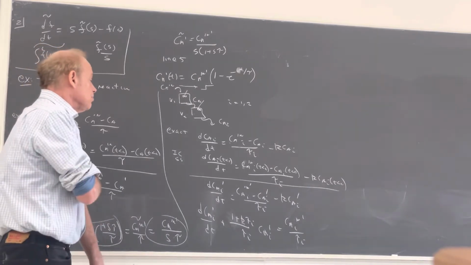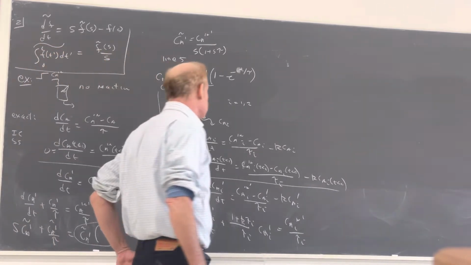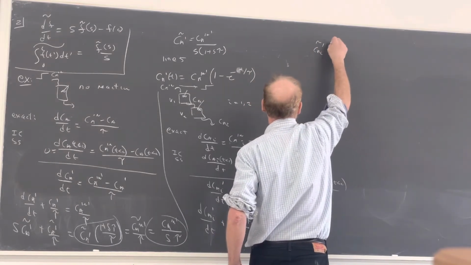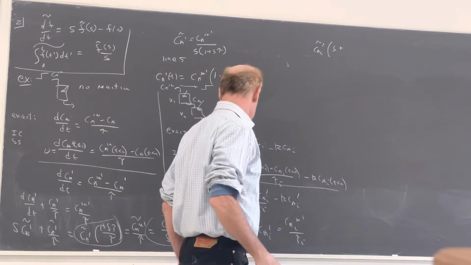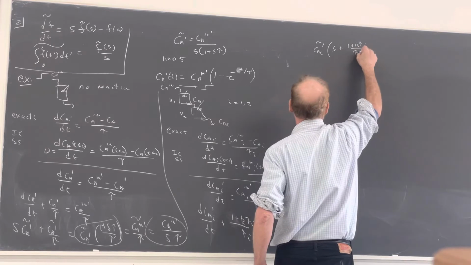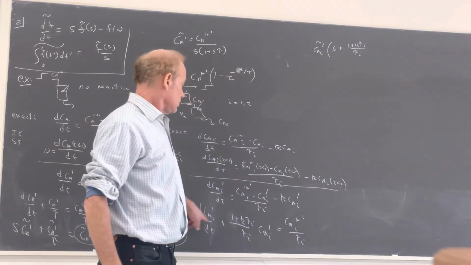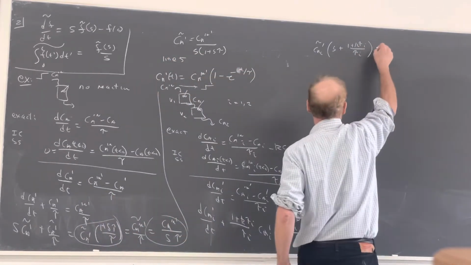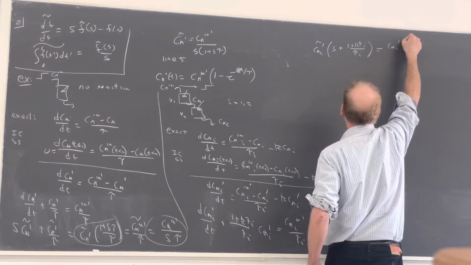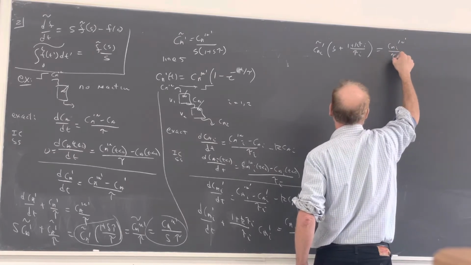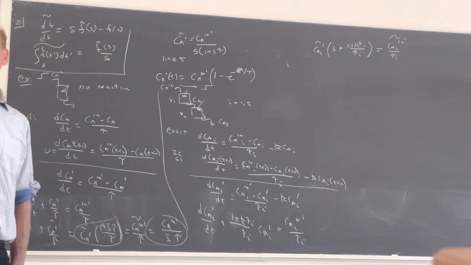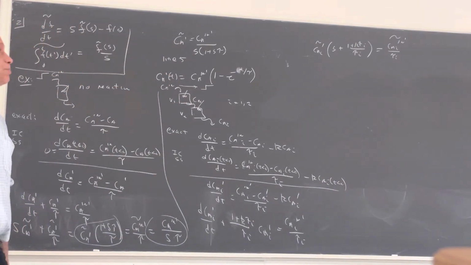Okay, so let's now Laplace transform. So now I have CAi prime tilde times S plus 1 plus k tau i over tau i is equal to CAi in prime over tau i. So far, so good. I just Laplace transformed the left side of this.